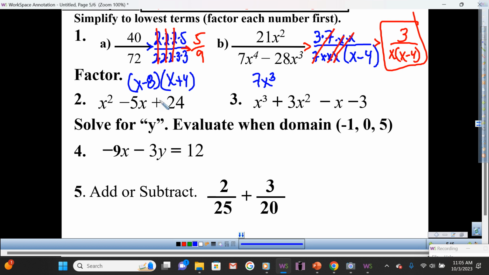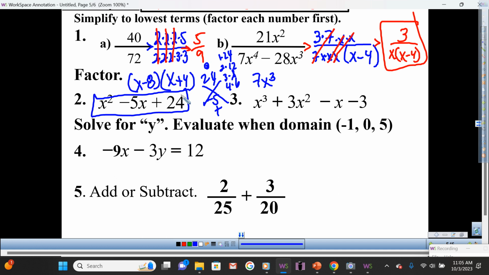Wait a minute, but that means both of them should be positive. Let's see. 1 times 24, 2 times 12, 3 times 8, 4 times 6. Is there anything that you add or subtract that gives us positive 24 and we get negative 5? No. Unfactorable. You're like, what? Yeah.